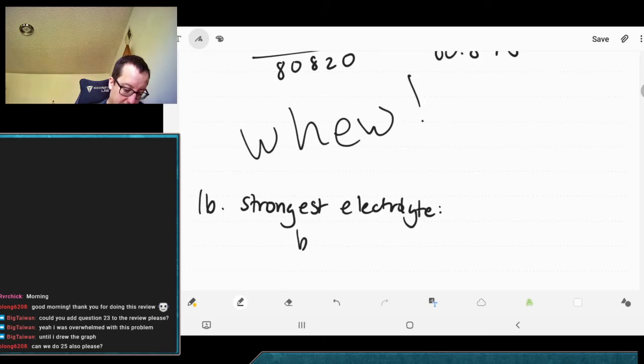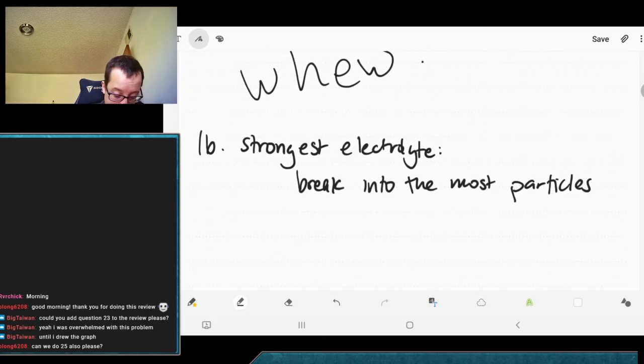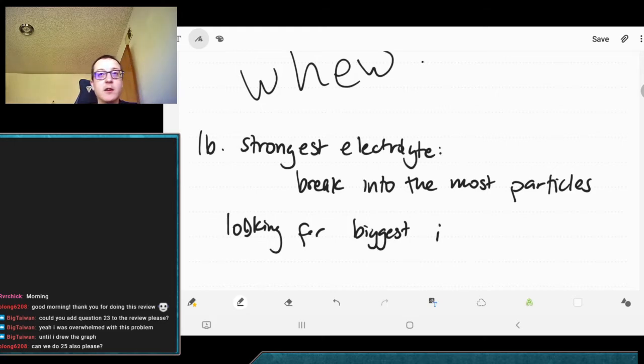That means it's going to break into the most particles when we dissolve it. So we're looking for the biggest I value here. That's what we're looking for. So let's go ahead and look at our options here.